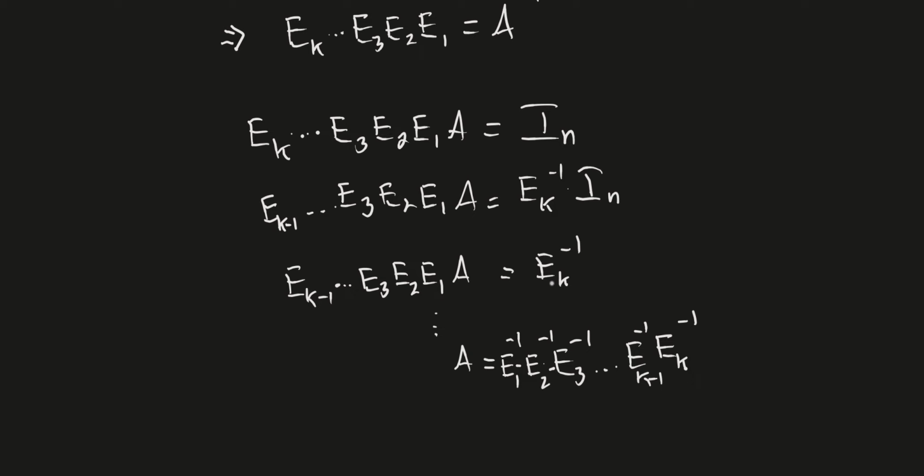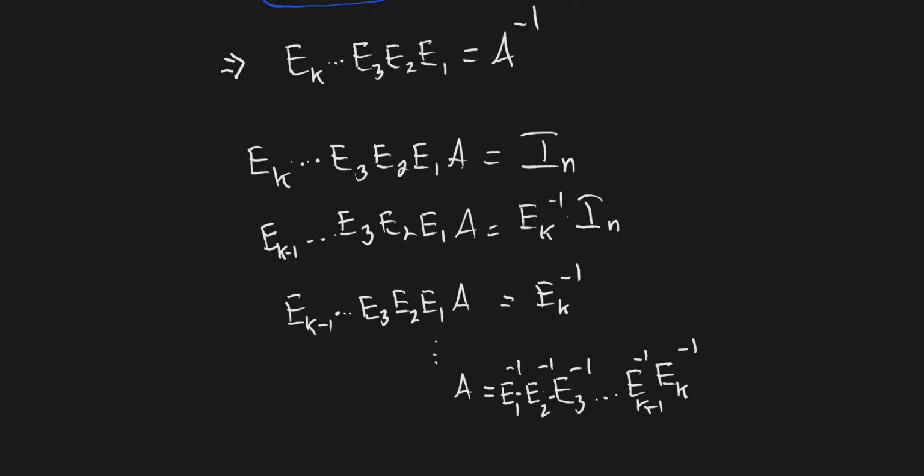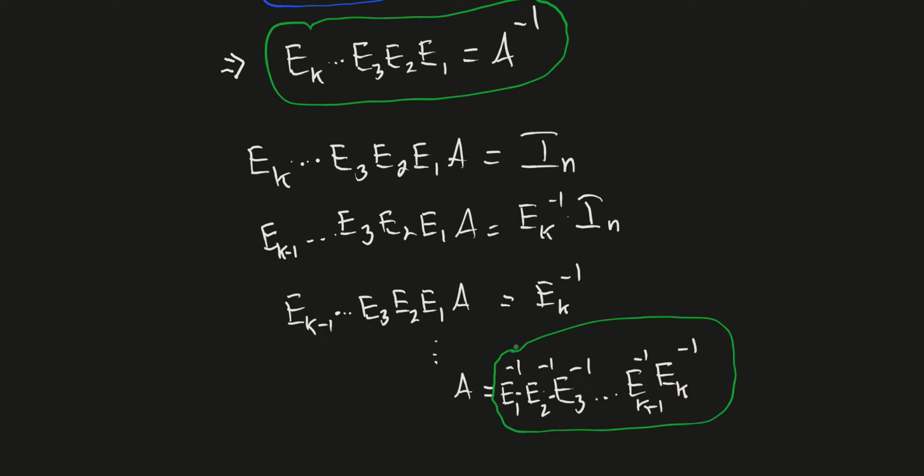So these two equations, let me highlight them. They tell us something very important about an invertible matrix and its inverse, right? It's saying that the only way a matrix will have an inverse is if both the matrix A and its inverse A inverse can be expressed as a product of elementary matrices.